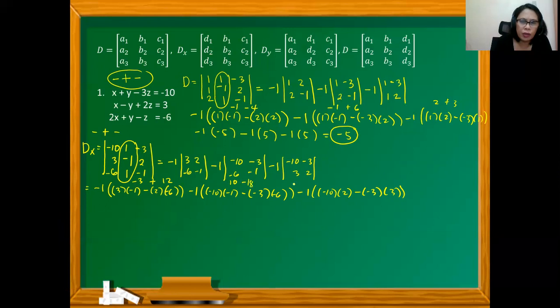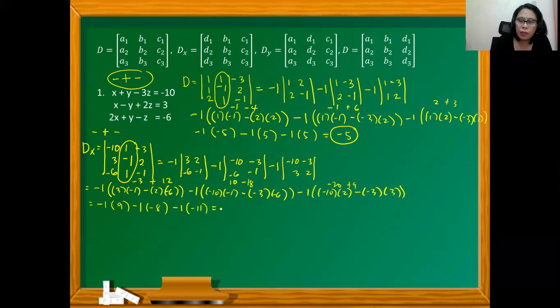Minus 18 here. And then this is negative 20 plus 9. So when simplified, this is equal to negative 1 times 9 minus 1 times negative 8. And this is negative 1 times negative 11.